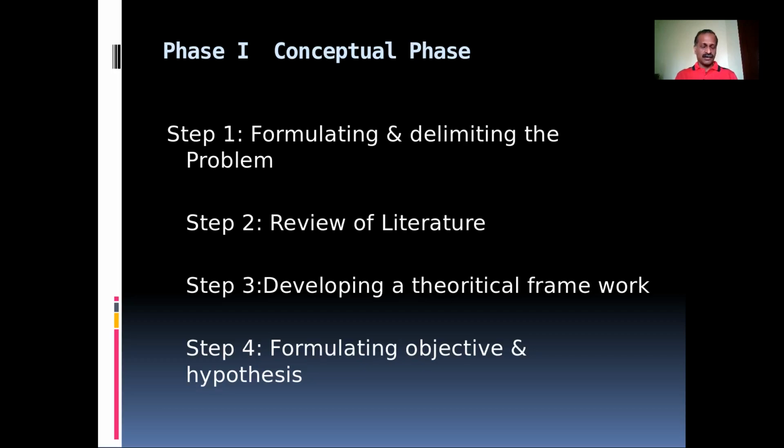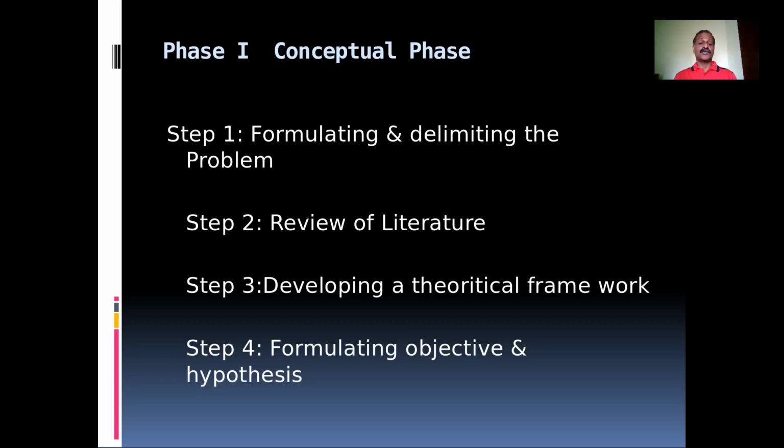We collect data and analyze the data in order to test the hypothesis, and finally we say that my hypothesis, or prediction at the beginning of the study, is right, or my hypothesis is wrong. But the prediction we make even before the collection of data.